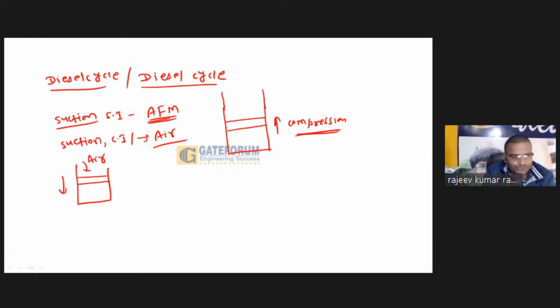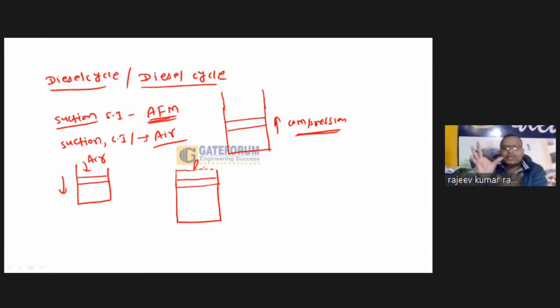And this is compression, which is going to take place. Then the temperature will rise, because it is going to compress. And what happens at the end of compression, when the piston reaches the top dead center? There is a fuel injector here. This is the fuel injector. And in this case, what happens?